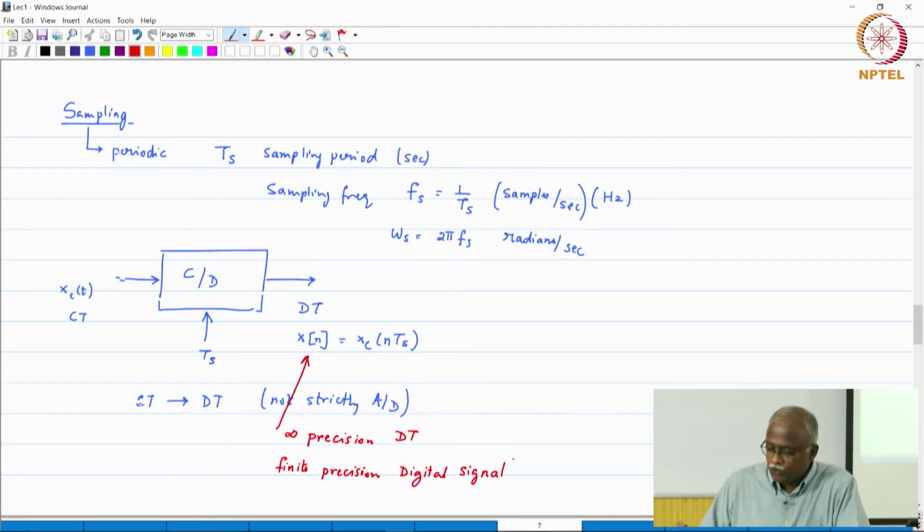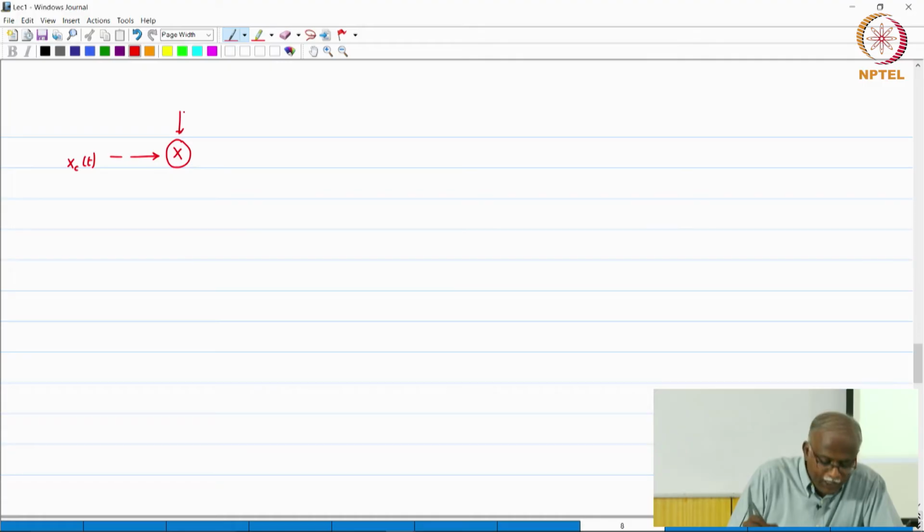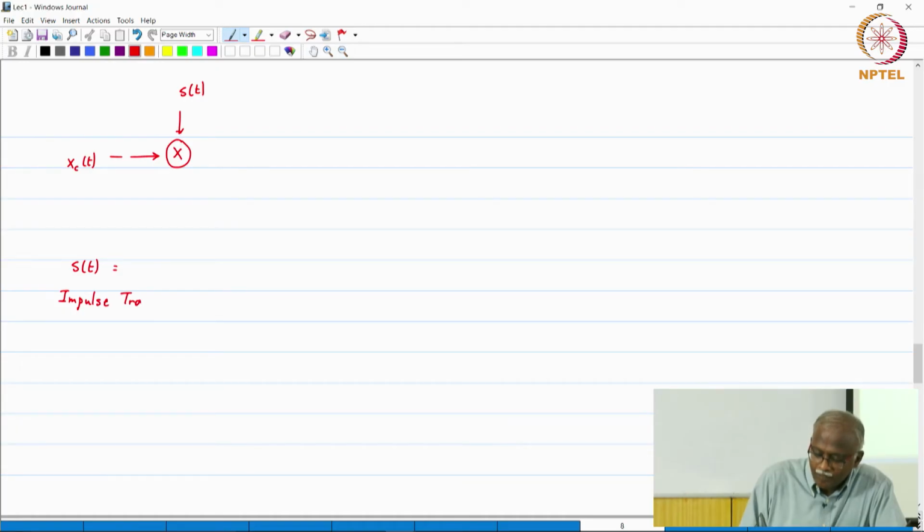So, now to introduce what would be inside a C to D. I have a continuous time signal. I would have to multiply this with an impulse train, S of t. S of t stands for the sampling signal, the impulse train.